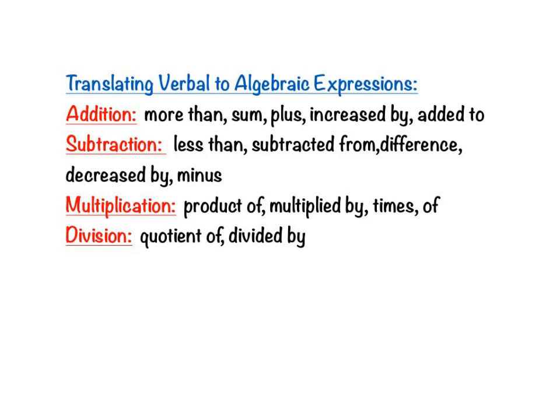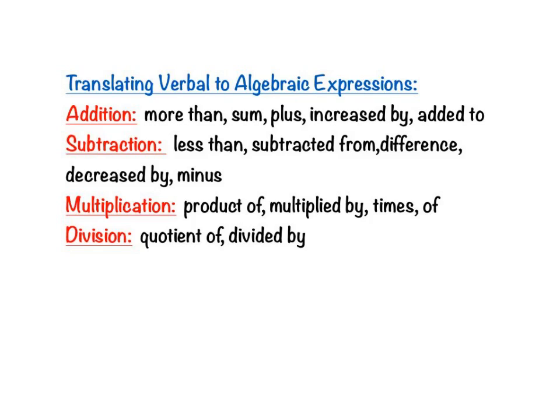Okay, when we translate verbal expressions to algebraic expressions, there are a few key words that you will look for and recognize that will point you to the operation that you want to use. So I wanted to give you some of those.